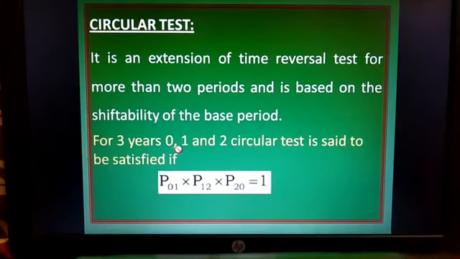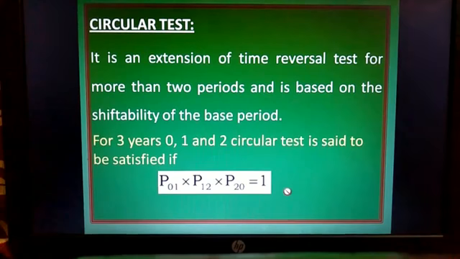Is it not a circular manner? 0 and 1 first, 1 and 2, and then 2 and 0. That's why it is being considered as P01 first, this 0 and 1, and then 1 and 2, that's why P12, then next 2 and 0, that's why P20 is equal to again 1 here.